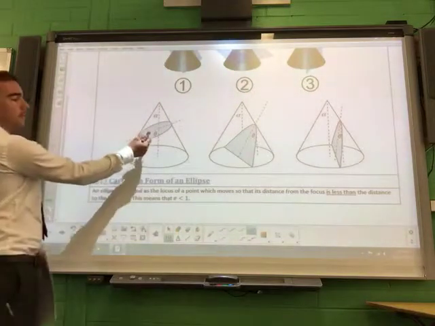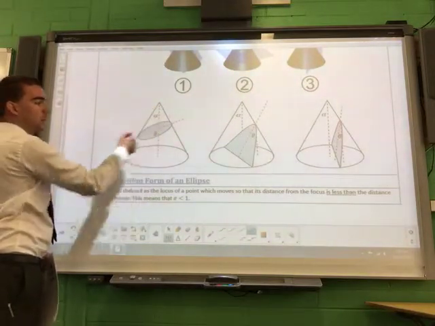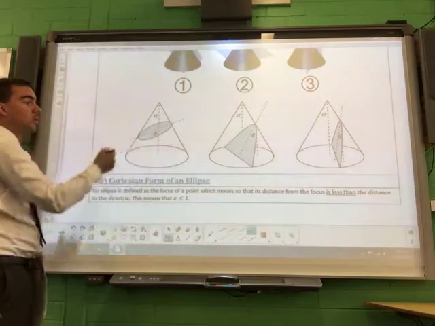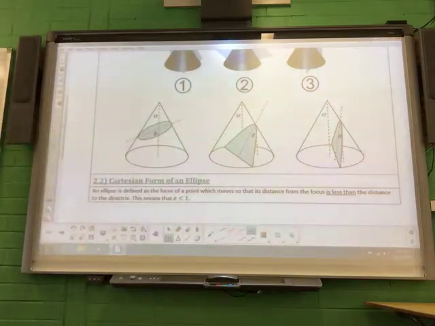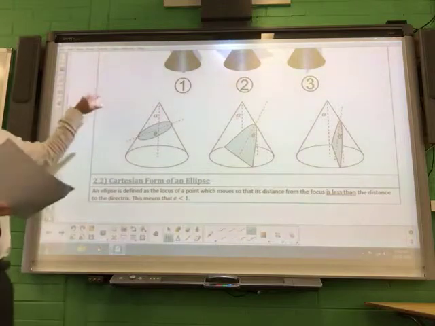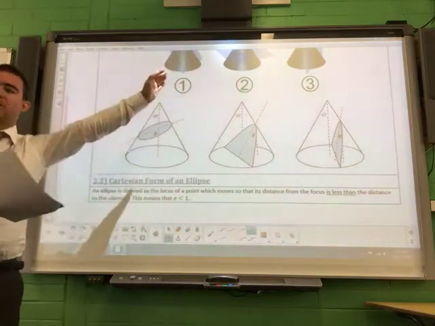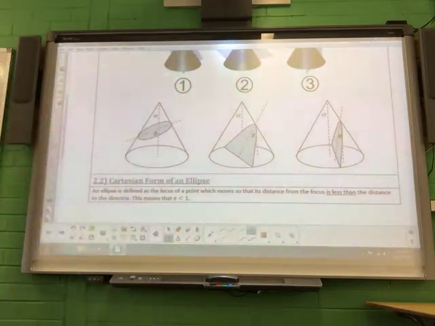Depending on the value of theta, we'll have those different conics we just mentioned. Also assume the plane does not go through the vertex. If it goes straight through the vertex and nothing else, we're just going to get a point, so we're actually looking for the conic.